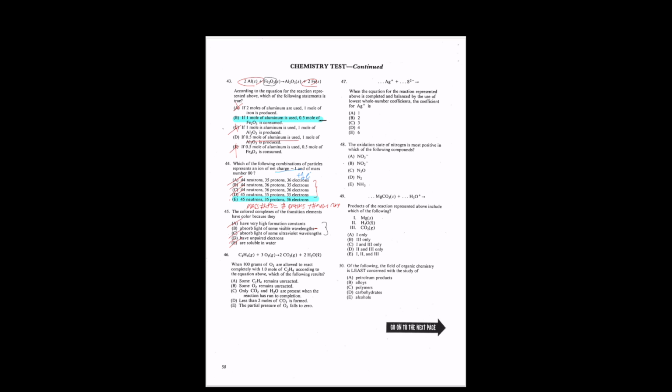And the explanation for this is, for any substance to have color, let's say the color of this solution is red, that means it absorbs every other wavelength of visible light.